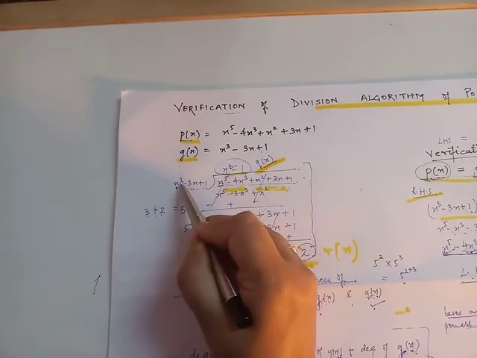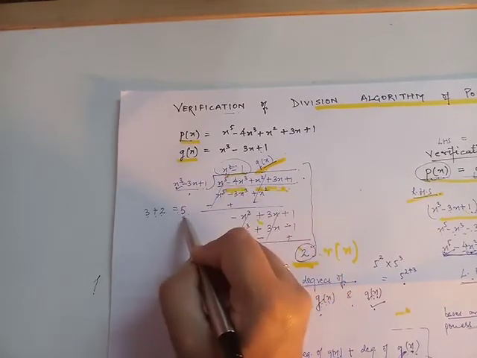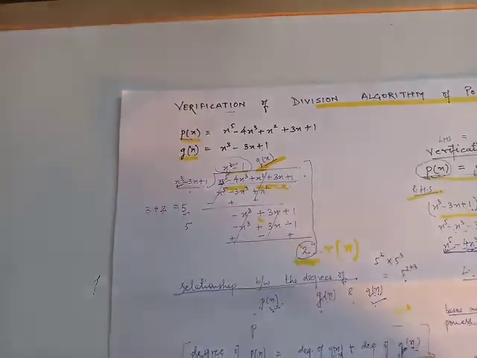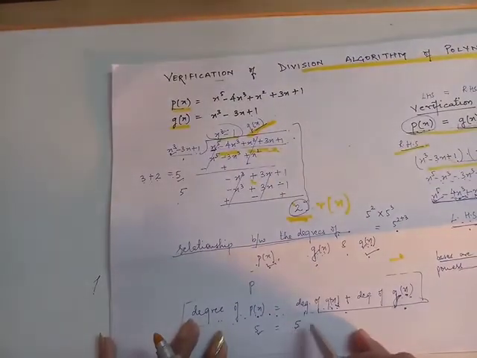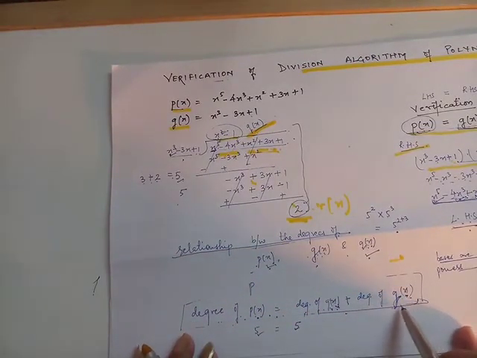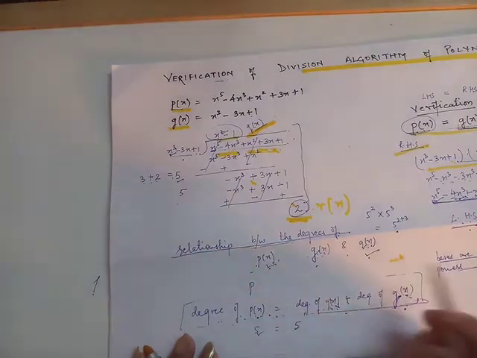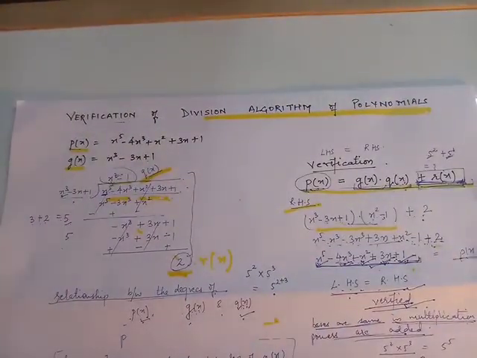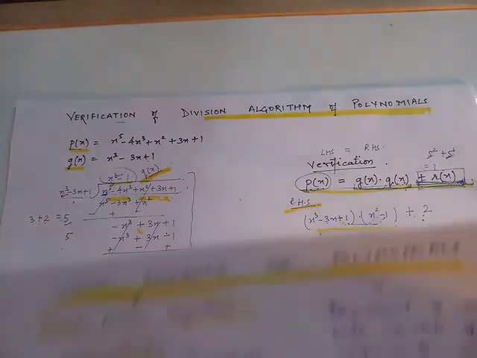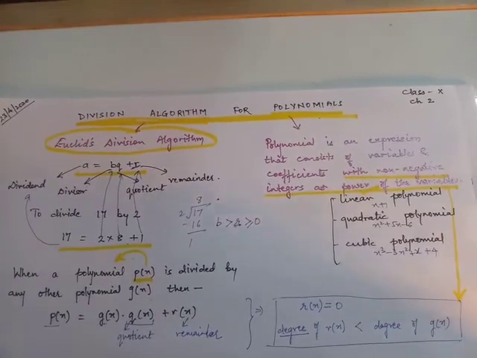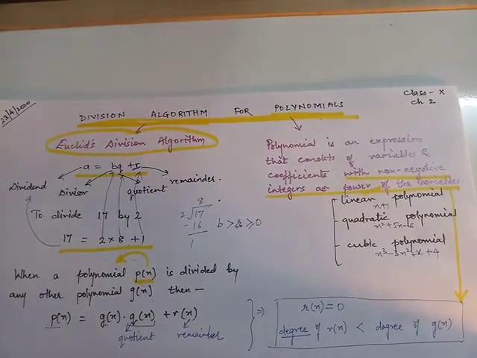So simply 3 plus 2 becomes 5 and this is also the degree of our p(x). So here also we verify 5 is equal to 5. This is another important thing which you should know. Alright children, as you practice more and more questions, you will be able to explore your own facts. So please solve more questions. All the best. Thank you.